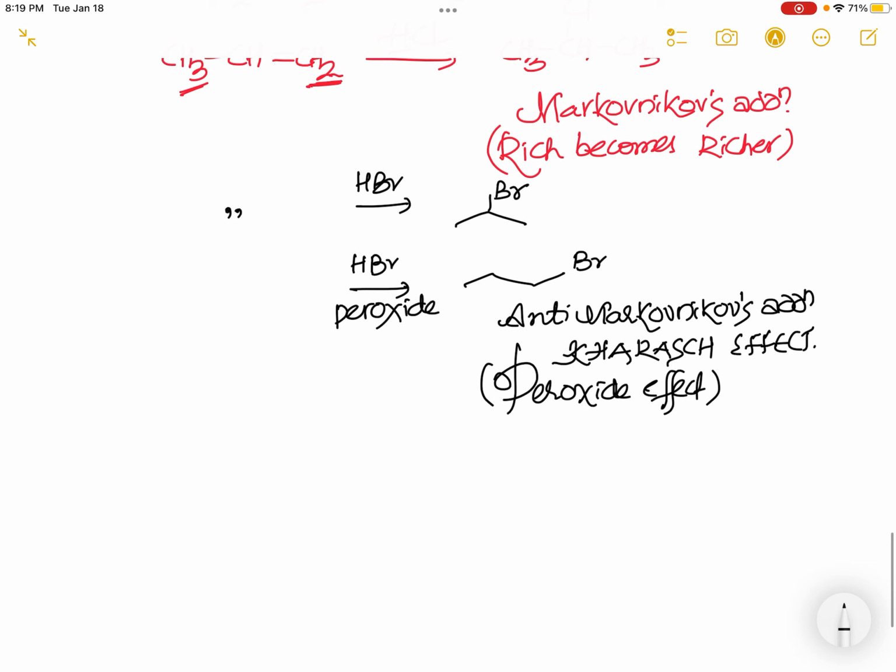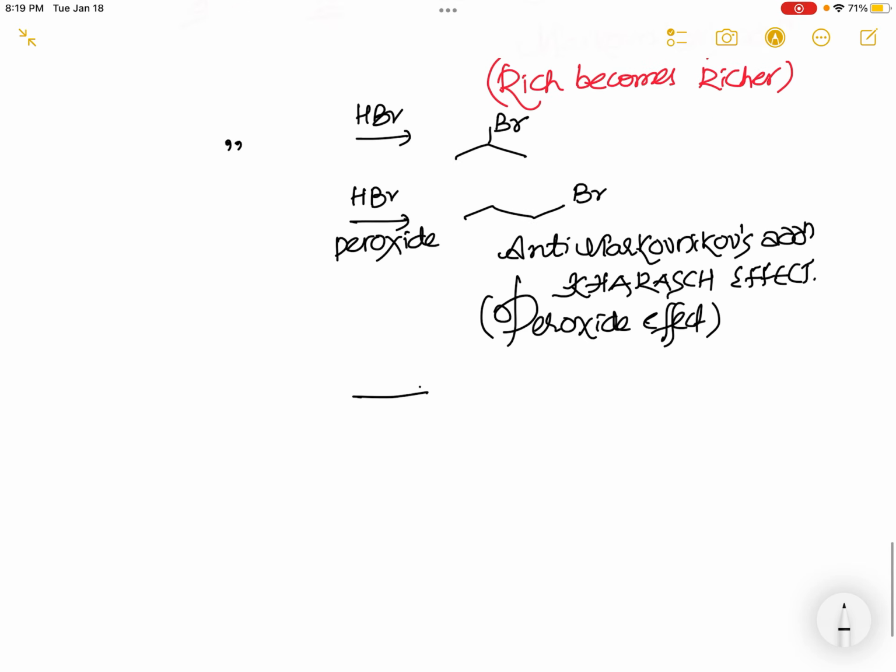HBr in the presence of peroxide. But remember, if you are using the same HCl in the presence of peroxide, chlorine will be added here only, no effect. The same with HCl and HI.